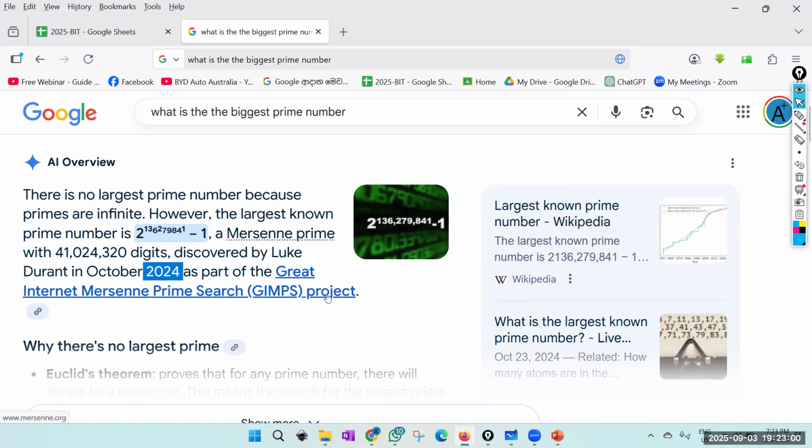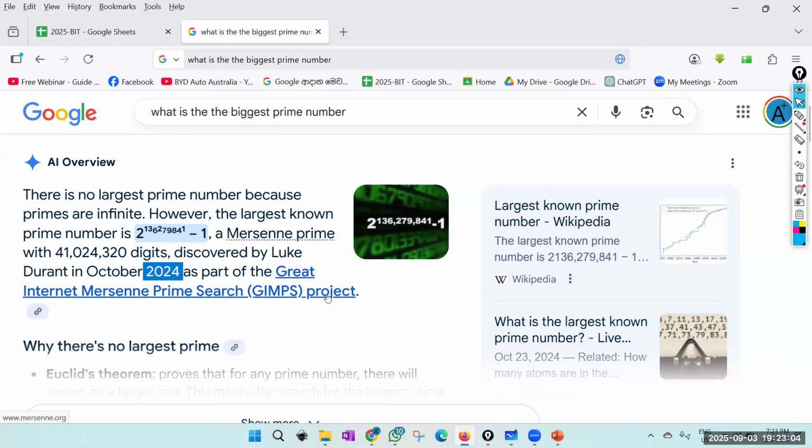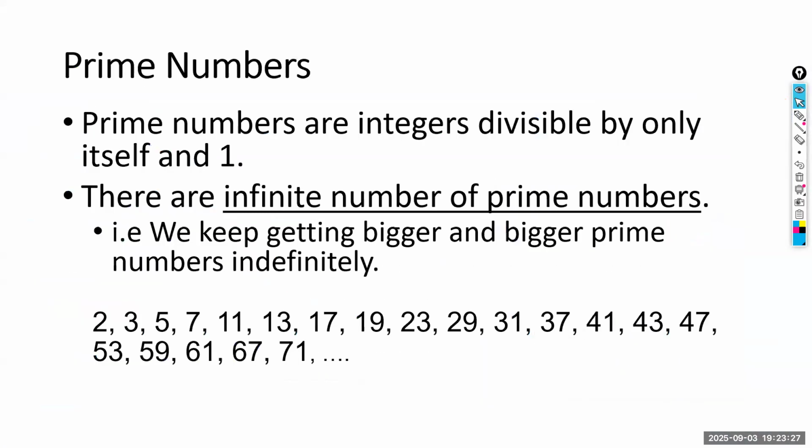So we are still looking for bigger and bigger prime numbers. There's also a prize: if someone finds a bigger prime number, that person or organization or university wins a prize. So why are we interested in these big prime numbers? Big prime numbers are a very crucial part of cryptography, especially asymmetric key cryptography, and especially the RSA algorithm.